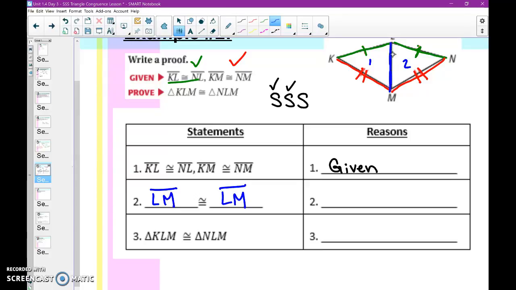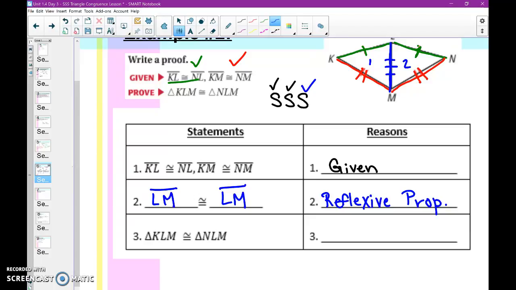If it's overlapping, if it's the same exact piece, there's a reason we use, what is that called? Hopefully you're remembering it in your head. It is the reflexive, not reflective or reflection, the reflexive property. That property means that if this line overlaps in both triangles, it has to be equal to itself. So automatically it's the same. We've now proven our last set of sides. It's right here. If you want to put a triple tick mark, you can, but it's not really congruent to anything.